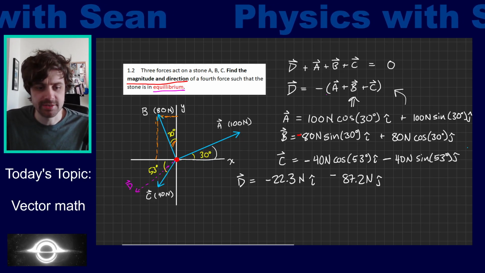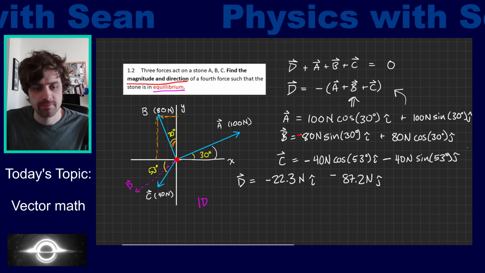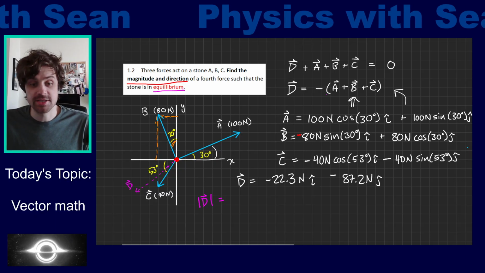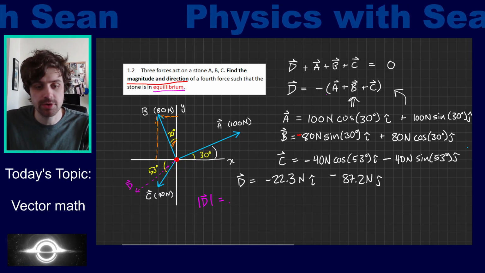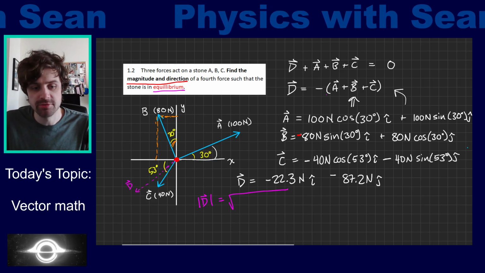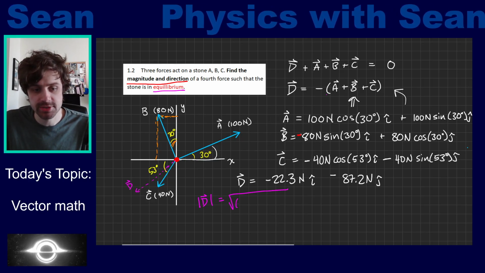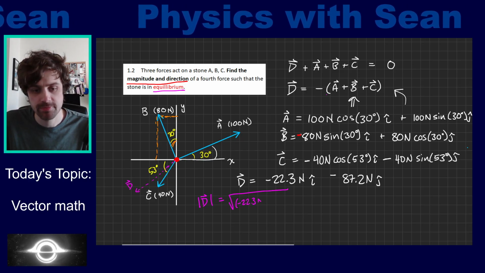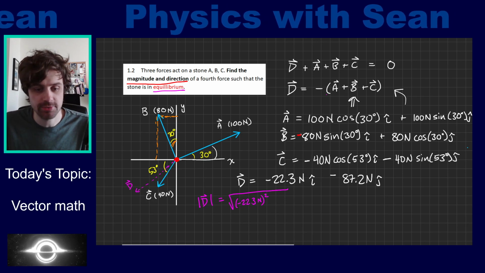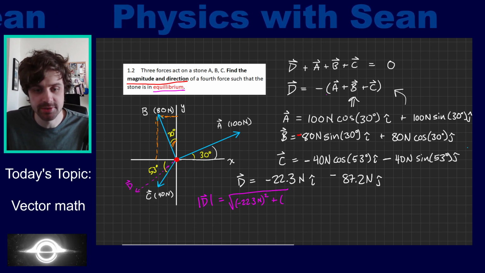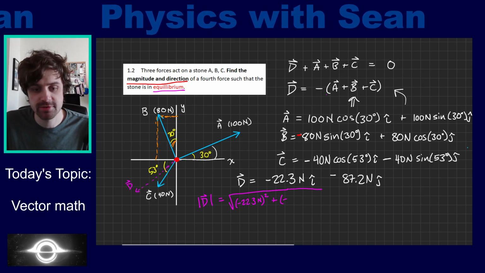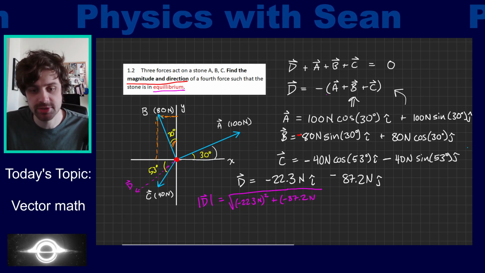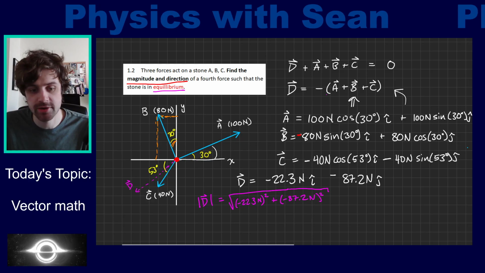The magnitude of vector D: the way that we solve this is the way that we solve the magnitude of any vector, which is we take the square root of the x component, which is, in this case, minus 22.3 newtons, squared, and add that to the square of the vertical component, which is 87.2 newtons squared. All that under the square root.